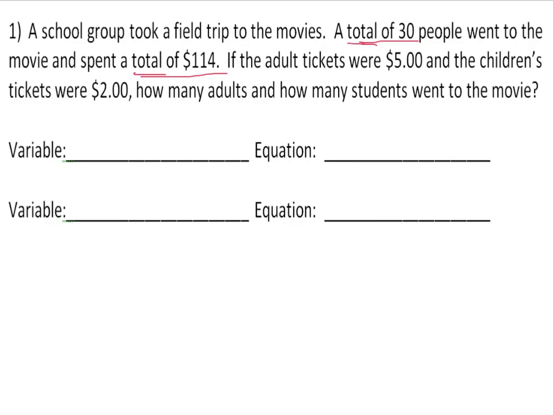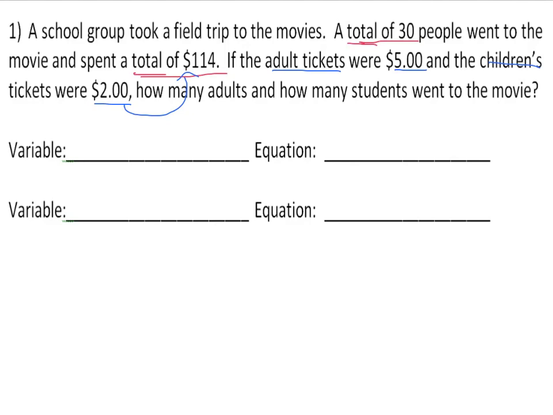Okay, so then we're looking at the next part, and it's talking about adult tickets cost a certain amount of money and children's tickets cost a certain amount of money. And that is important because of how much total money was spent. That's going to affect it. So let's think of it this way.